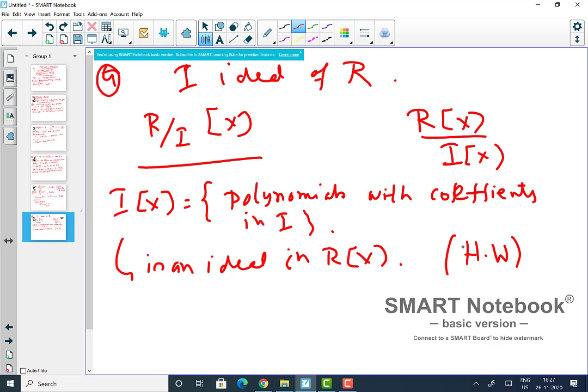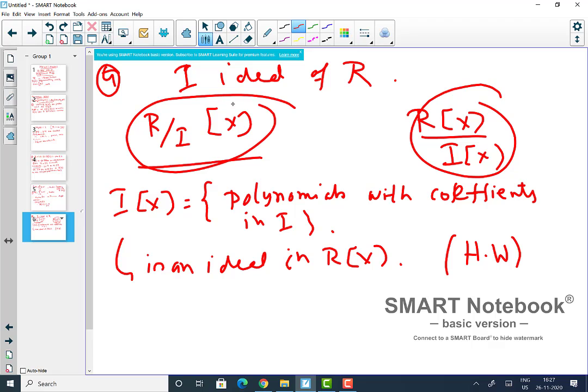So on the one hand you have this kind of structure, and on the other hand you have this kind of structure, and the natural question is whether there is any relation between those things, and the answer is yes, they are isomorphic.